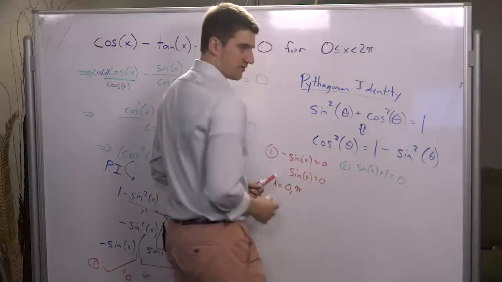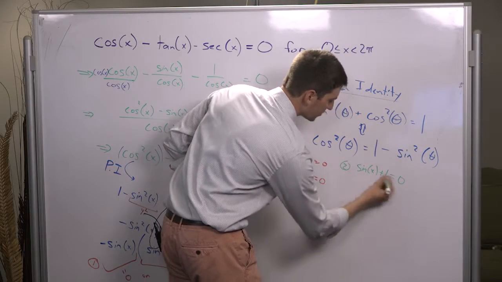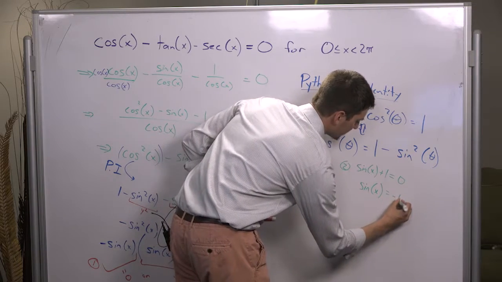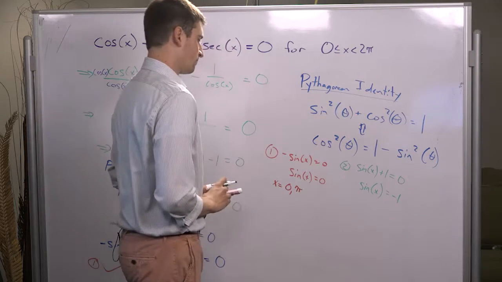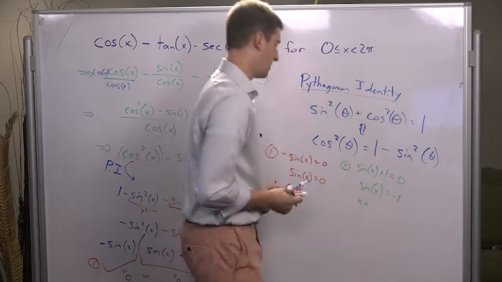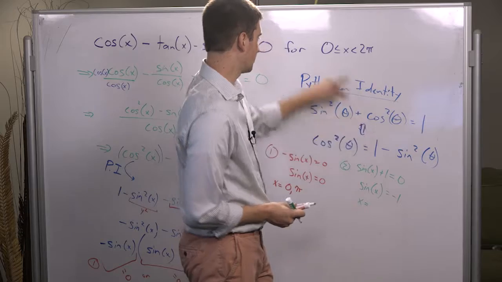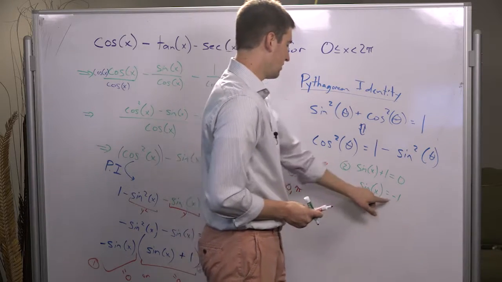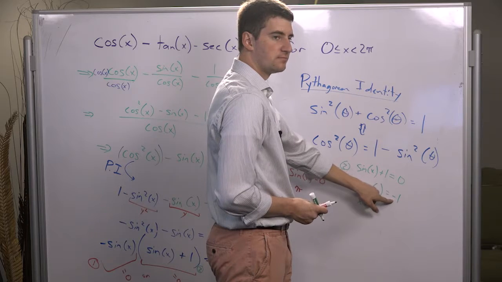So let's solve for sine of x just like normal. So we subtract the 1 over and we have sine of x equals negative 1. And now let's find out what all our solutions are for this. What values of x from 0 to 2 pi, including 0, not including 2 pi, have output negative 1?